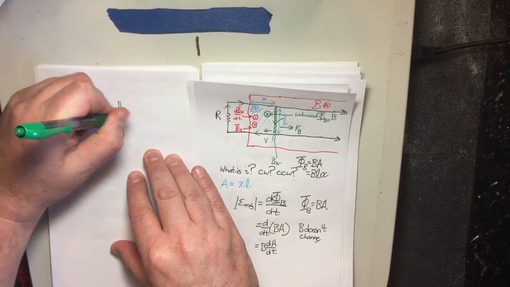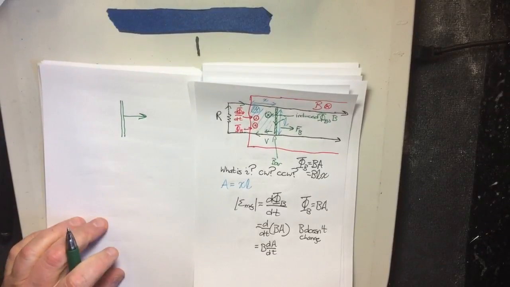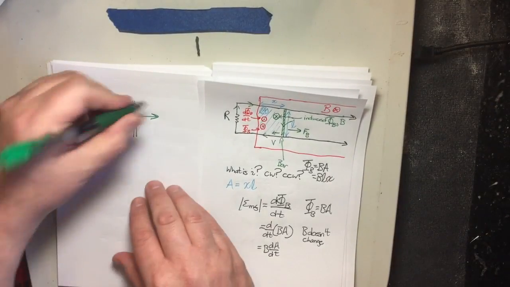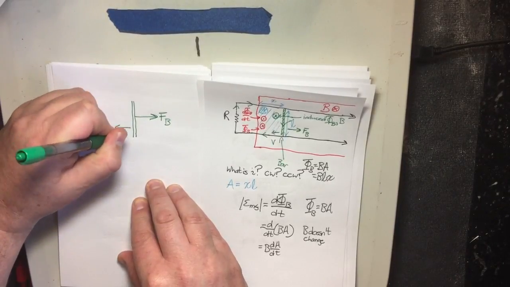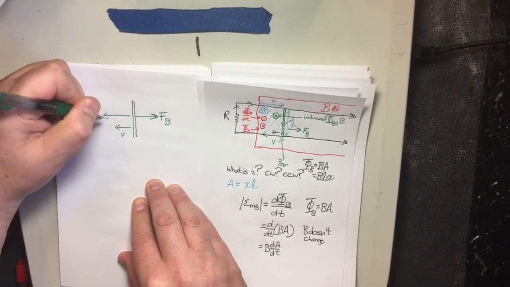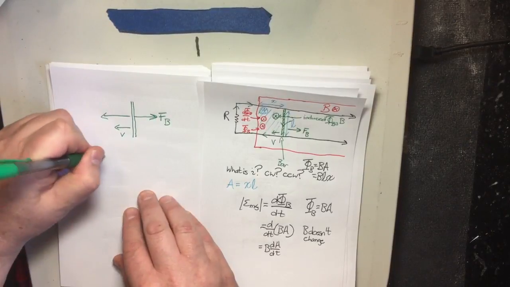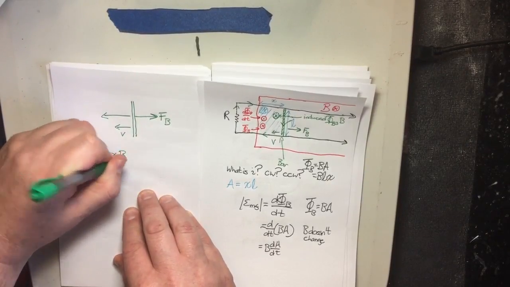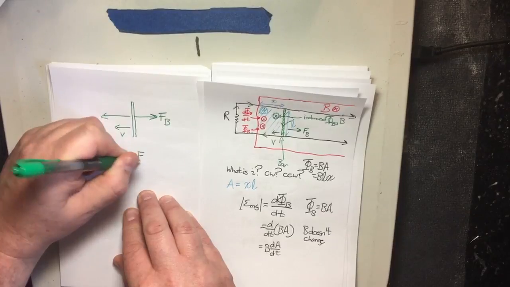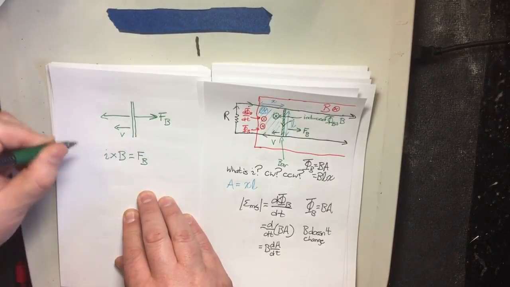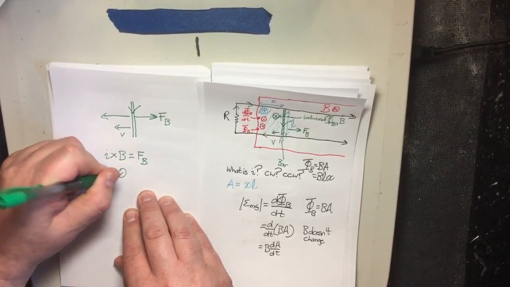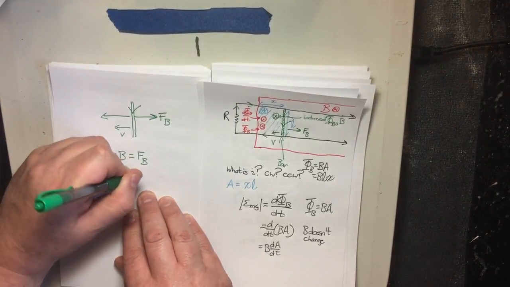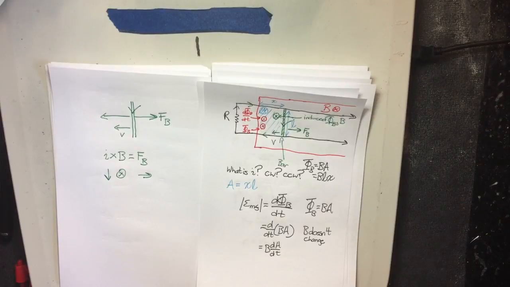I'm only going to draw the bar. So when you do I cross B, you're using the current running through the bar? Yes. So the I is down, the B field is in. That means the force on the bar is to the right.